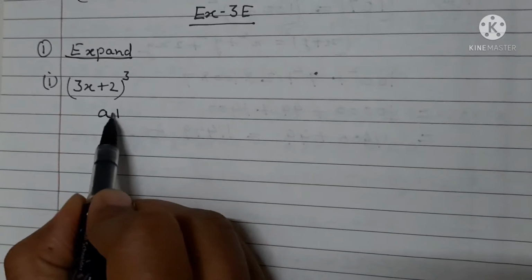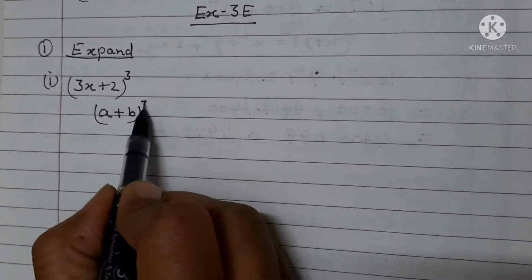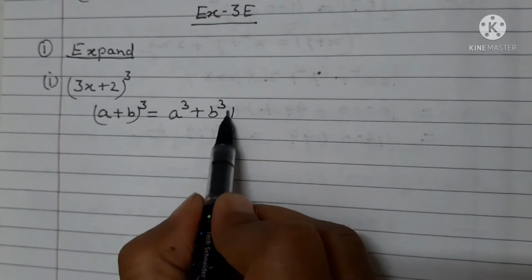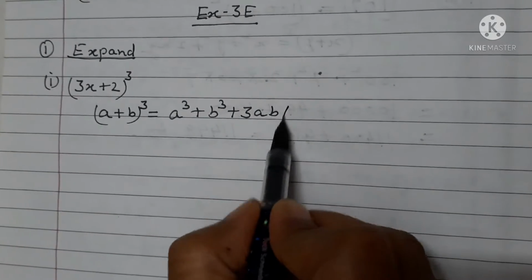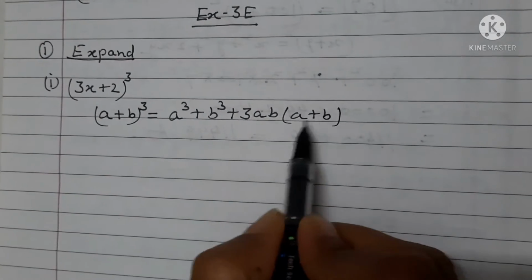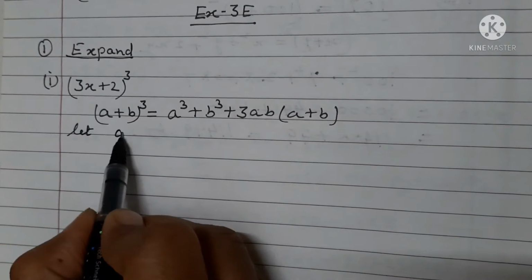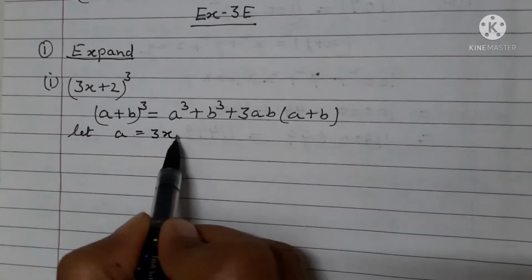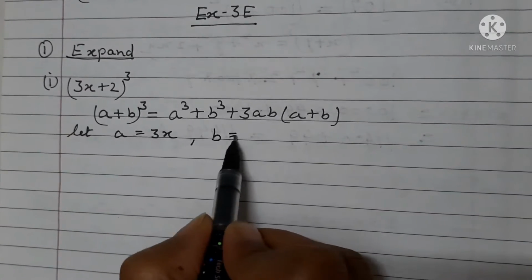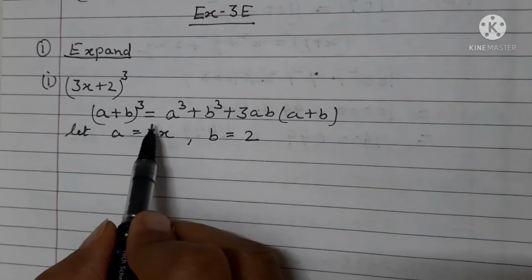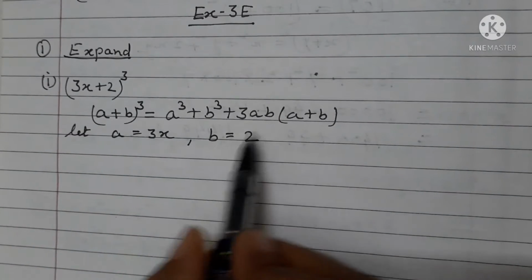So (a + b)³ = a³ + b³ + 3ab(a + b). Now here a = 3x and b = 2. Substitute these values in the formula.